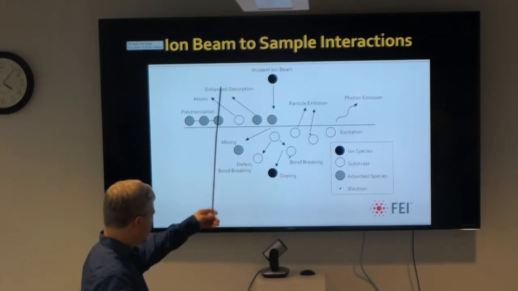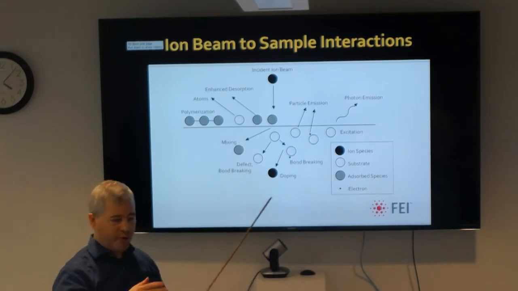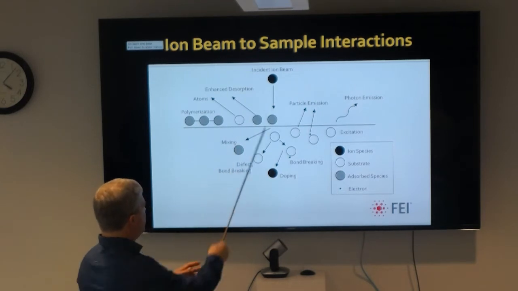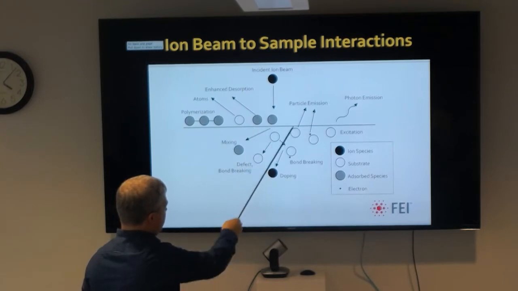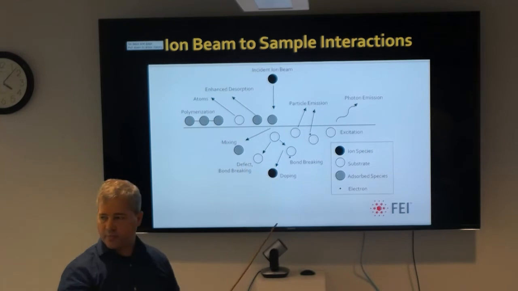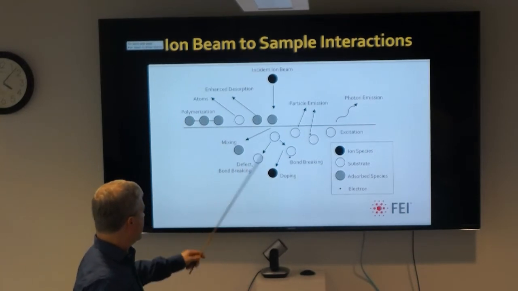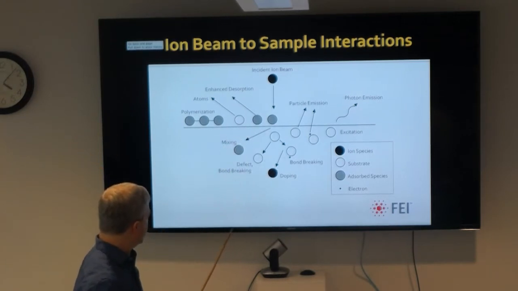Besides all the sputtering, there's a lot of chemistry going on here. In our group, we're not so concerned about this. We're more using it to blast away or cut pieces of the sample out, as a shaping tool. But there's a lot going on here, and depending on the lab, they'll be using the ion beam for different things.